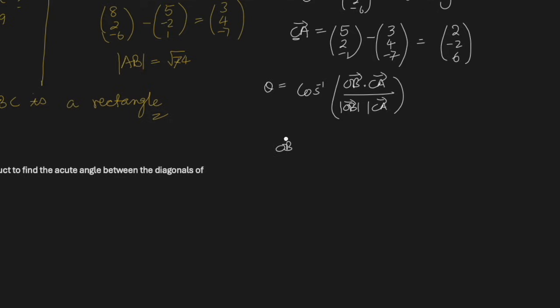OB dot CA equals (8, 2, -6) dot CA, which is (2, -2, 6), which will be 8 times 2, 16, minus 2 times 2, 4, minus 36, comes out to be minus 40 plus 16, minus 24.